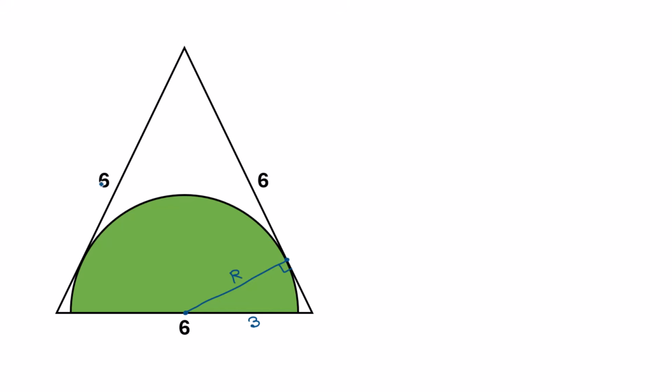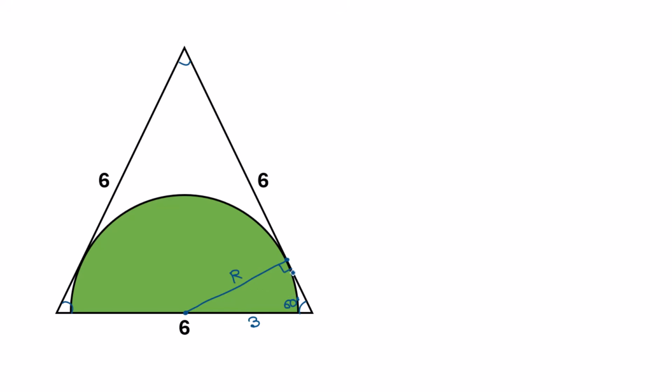As the side lengths of this triangle are equal, all of these angles will be equal, and every angle will be 60 degrees. So this angle will be 60 degrees.